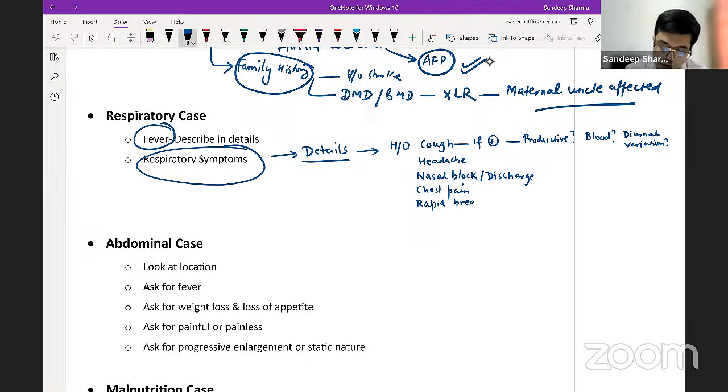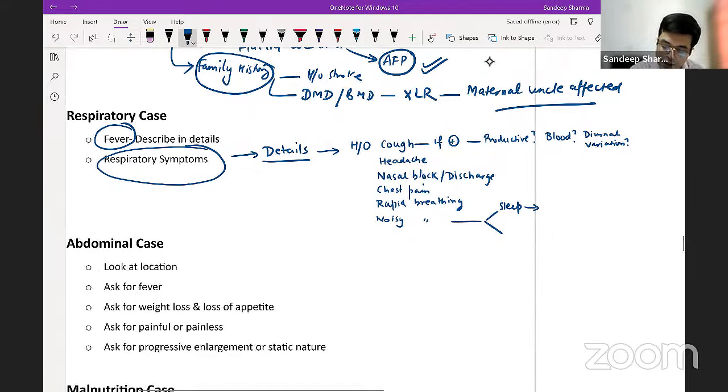You will not use the word tachypnea here. Tachypnea is the technical word. Parents will say tez saans. So rapid breathing. You will ask for any noisy breathing. Noisy breathing can be of 2 types. If it happens during sleep, it can happen due to adenoid hypertrophy.